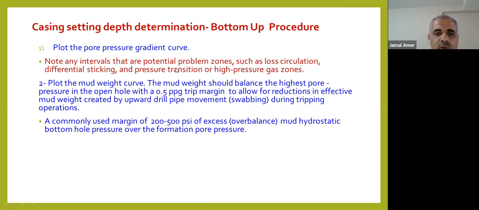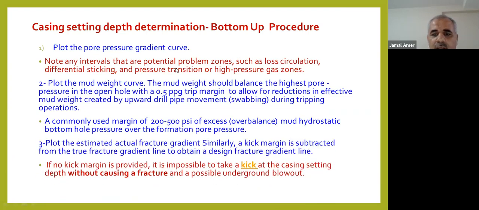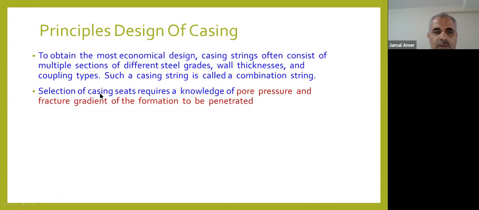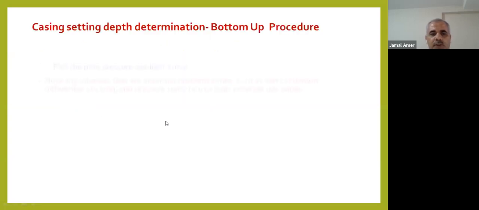Also, I have 3-4 examples that I will share with the people who will attend this course. So as we have here, we have to know our pore pressure before starting our design, or selecting the seating depths of the casing: pore pressure and fracture pressure.